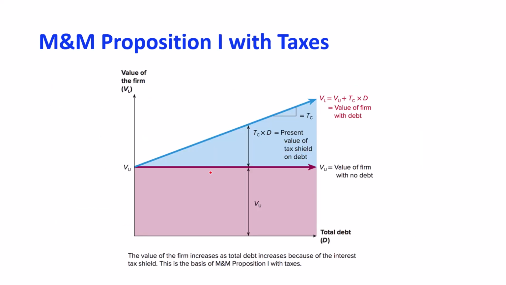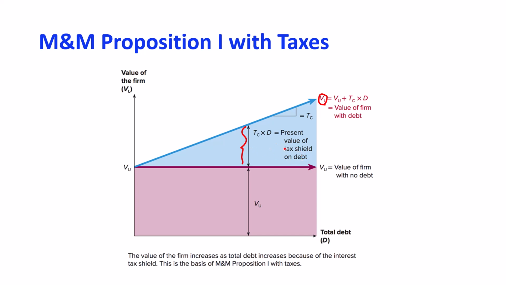And this is how we show it in a graph. The value of the unlevered firm is going to stay constant. But as you keep adding debt to the capital structure, the value of the levered firm increases by this interest tax deductibility benefit, or the present value of the tax shield on the debt.